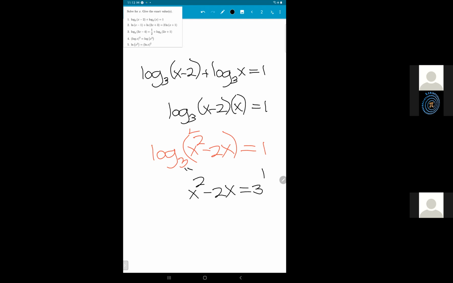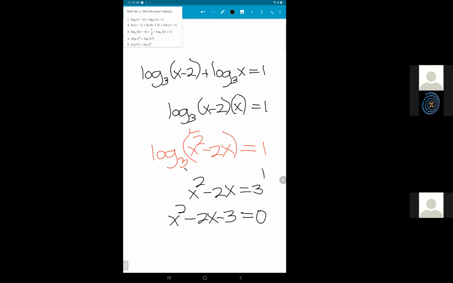So 3 to the 1 equals this, x squared minus 2x. And so we have transformed a logarithmic equation into a quadratic equation. And this requires factorization again. Don't worry, all the problems that you will encounter will be factorable if you need to solve a quadratic equation.